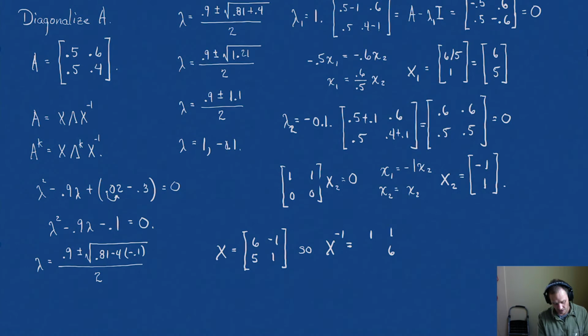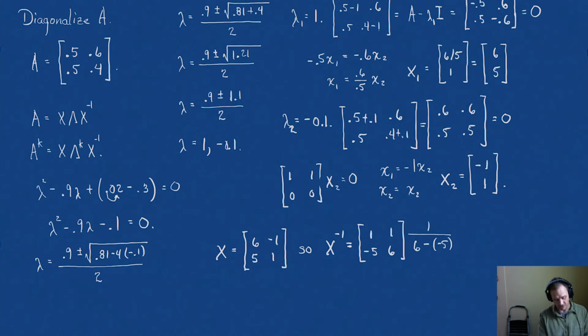So this is going to be 1, minus 5, and you multiply that by the reciprocal of the determinant. So this is 1 over 6 minus negative 5, which is really going to be 11, so 1/11.